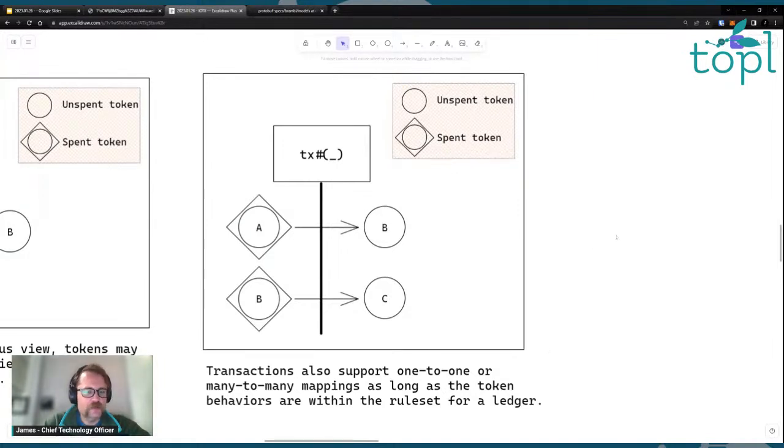This is something I've really come to appreciate in the last few months or so, because we have a really interesting asset model that allows for some rigorous, formal definitions of token behavior within a ledger.